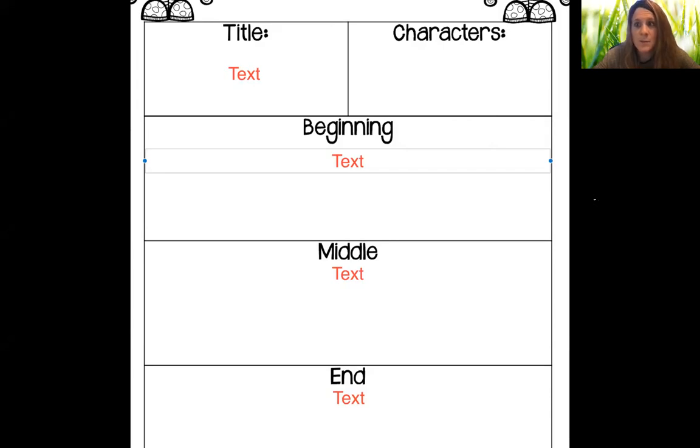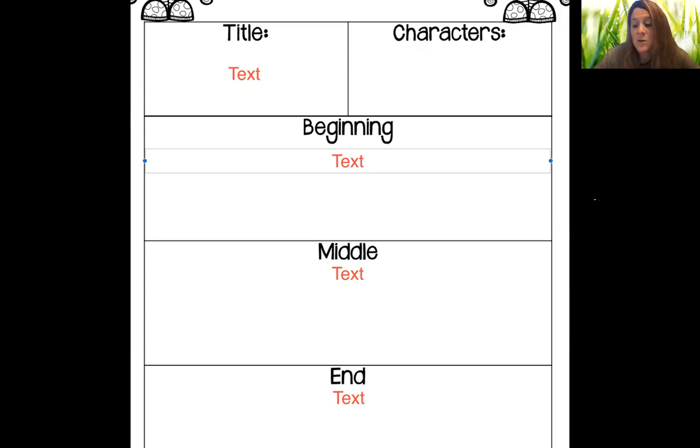Okay, so real quick before we start, summary. What is a summary? We've been working on this for about 2 months, so I want to hear what you guys have to say. Tell somebody in your house what a summary is. Good. It's the main parts of whatever you're retelling.